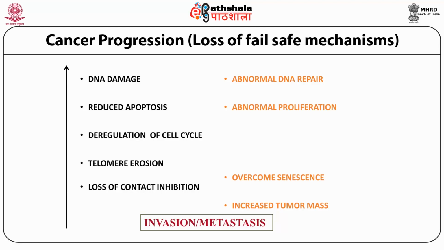Finally, contact inhibition, as was explained in the earlier slide, is the key to control growth. But loss of contact inhibition not only leads to increased tumor mass, but also the cells from the tumor are shed into the circulation and they can spread out to other parts of the body.